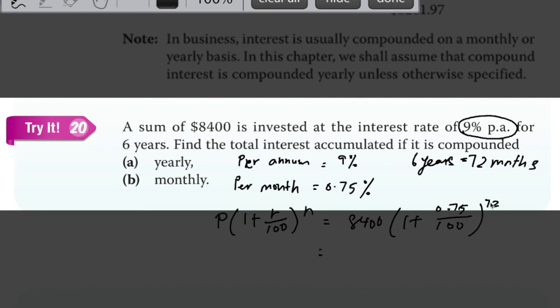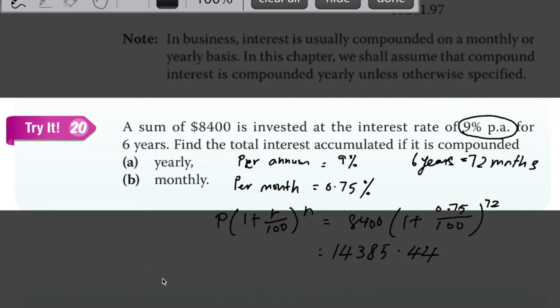There are 72 cycles, and in this case we are working in terms of months. Each month, your interest is 0.75%. So let's calculate here. There you have it. You're going to get 14385.44.